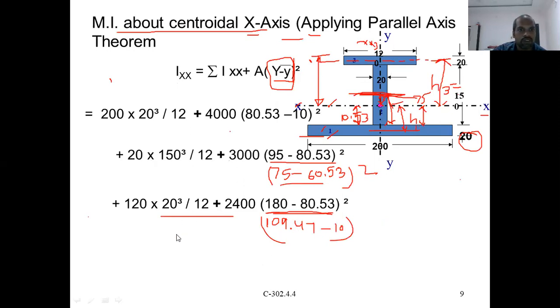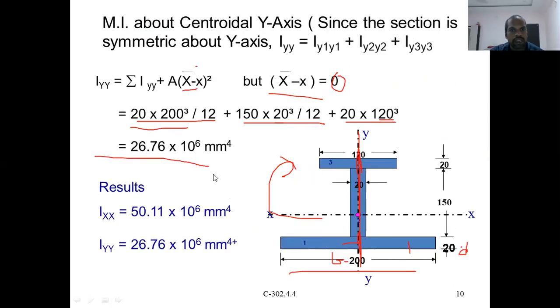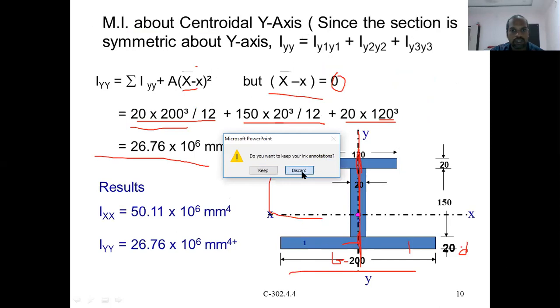After calculating h1, h2, h3, substitute into the general formula: the moment of inertia about the centroidal axis of each figure, small xx, plus a h square, with h1, h2, h3. Like this, you have to calculate the moment of inertia of unsymmetrical I sections. Now let us stop here.